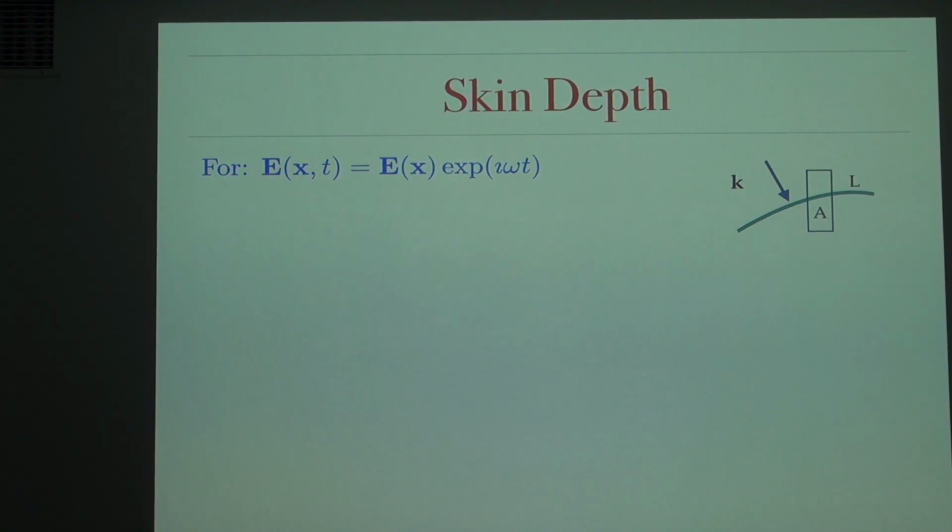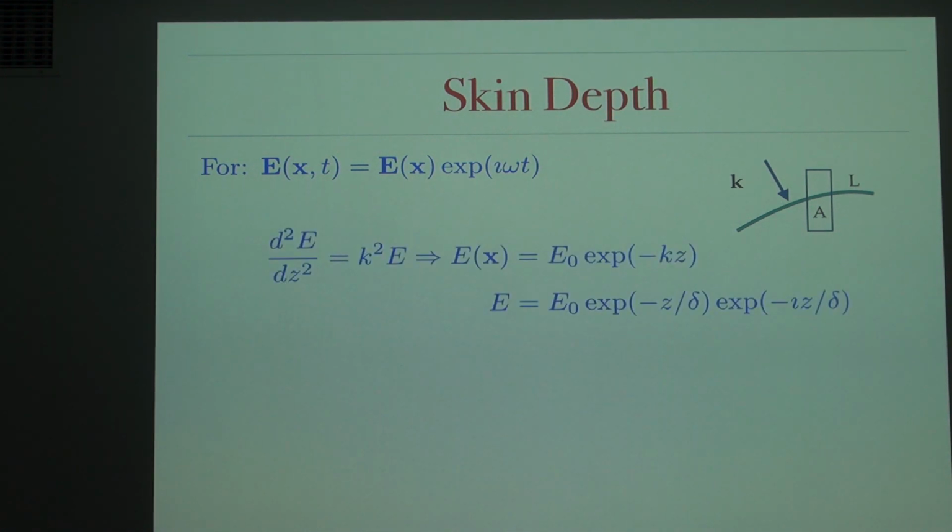Surface of a material on which the electric field wave with the wave vector k is falling. And if this is taken away, so if this is happening, then we can solve our equation, and this is its solution.